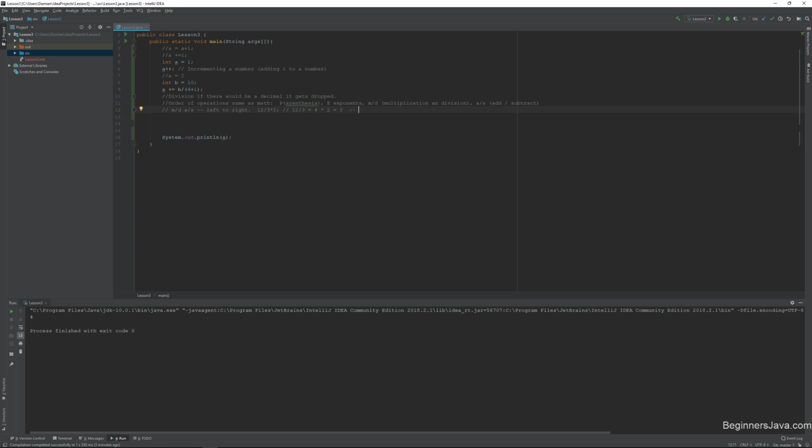Great. Or that could equally be 12 divided by 6 equals 2. So those are the 2 options. This is the correct one, and we'll say this is wrong.